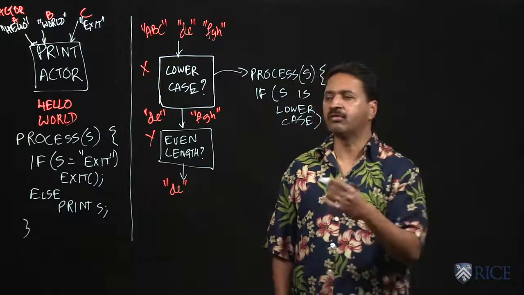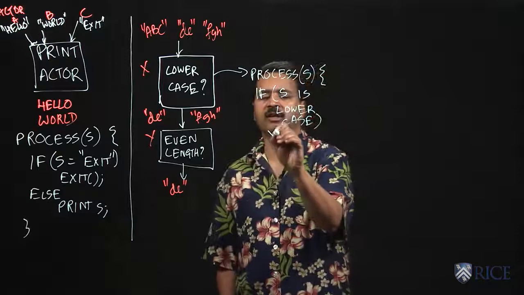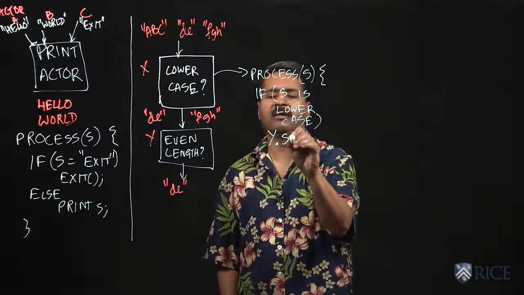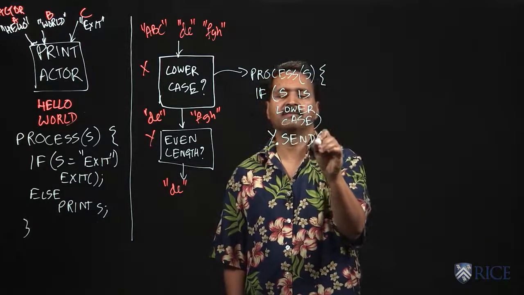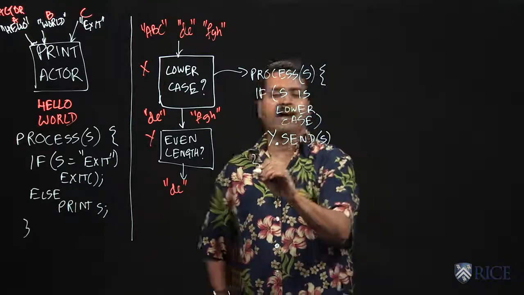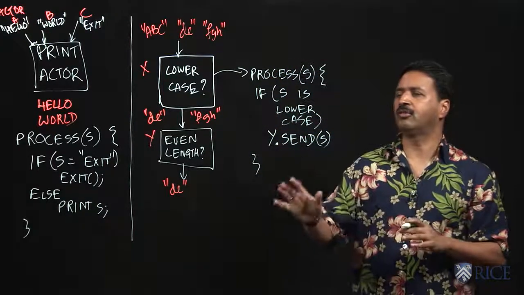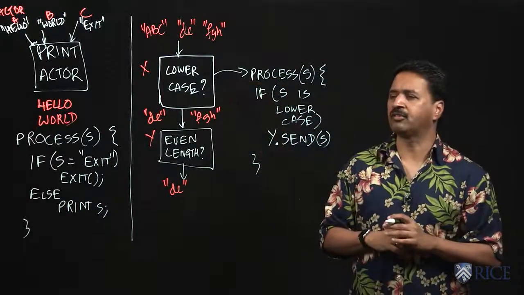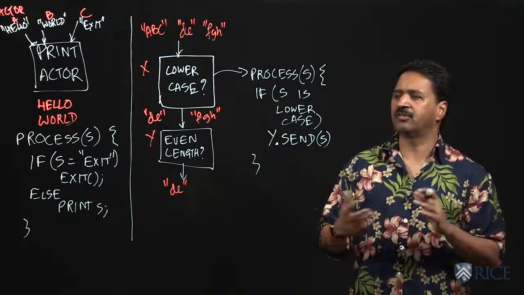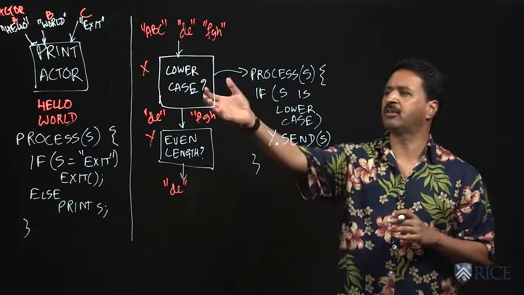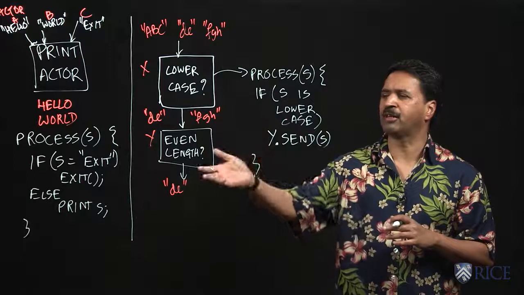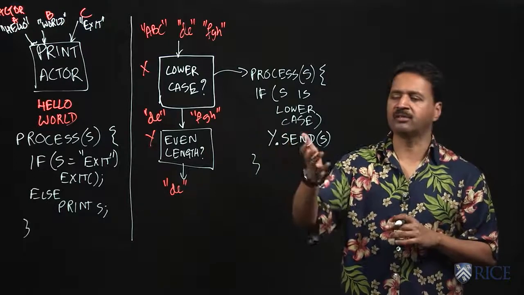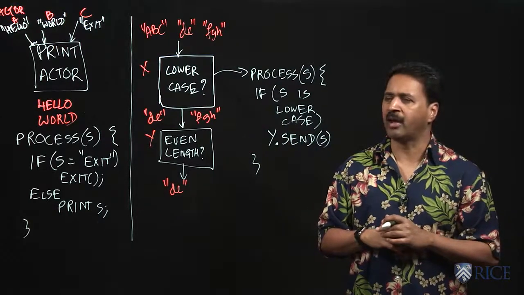And if so, we want to send it forward. So that's very easy. There's actor Y, and you send it S. And that's it. That's all you have to do to implement the lowercase stage of this pipeline, because if the string is not lowercase, all that's happened is this actor swallowed the message and not passed it on. And if it is lowercase, it sent it on to Y.